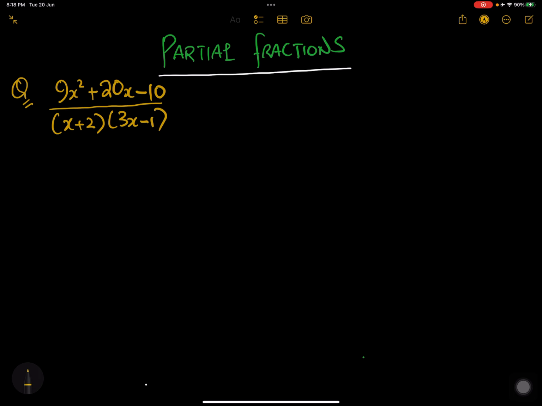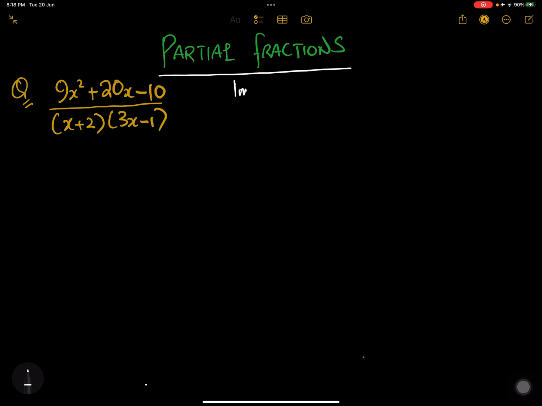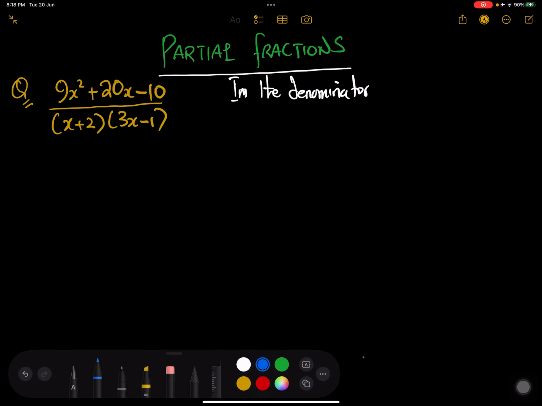Now remember, we said that partial fractions involve rational functions. Rational functions are just fractions with the numerators having algebraic expressions and the denominators as well. Here, the first key thing to identify is the denominator. In the denominator we have linear factors.